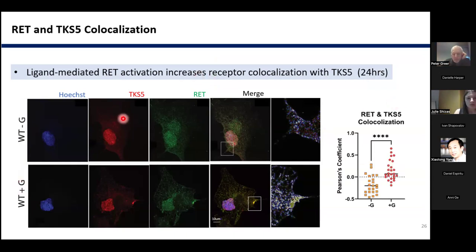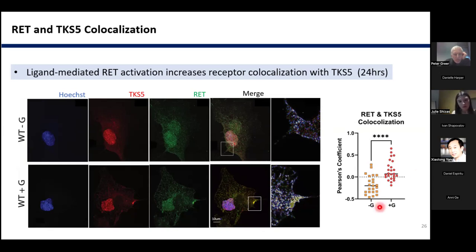Here we have staining for TKS5, staining for RET, and then a merged image. Wherever you see yellow here, and this is from a script for colocalization, it picks up areas where there is overlap between the red and the green channels.